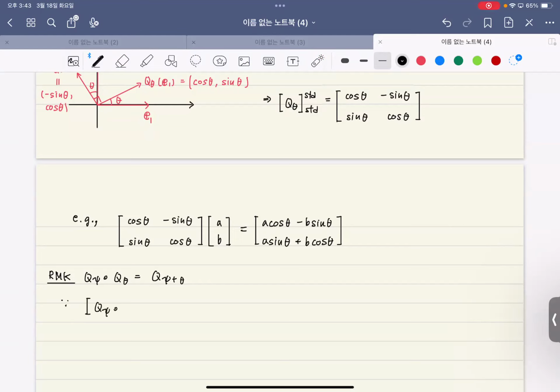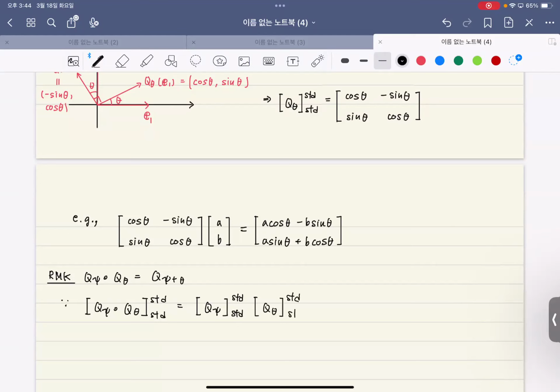The matrix representation of this composed linear transformation can be decomposed as a product of these two matrices, the standard-standard matrix of Q psi times the standard-standard matrix of Q theta.